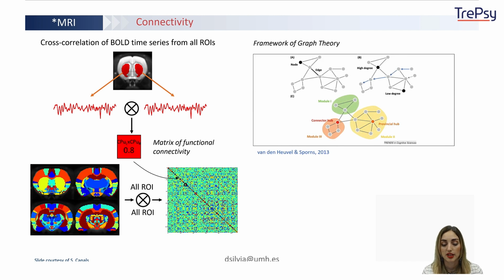Okay, so this is a matrix of functional connectivity, and there are tools that have been developed in the framework of the graph theory that are specifically looking at this kind of mathematical objects.